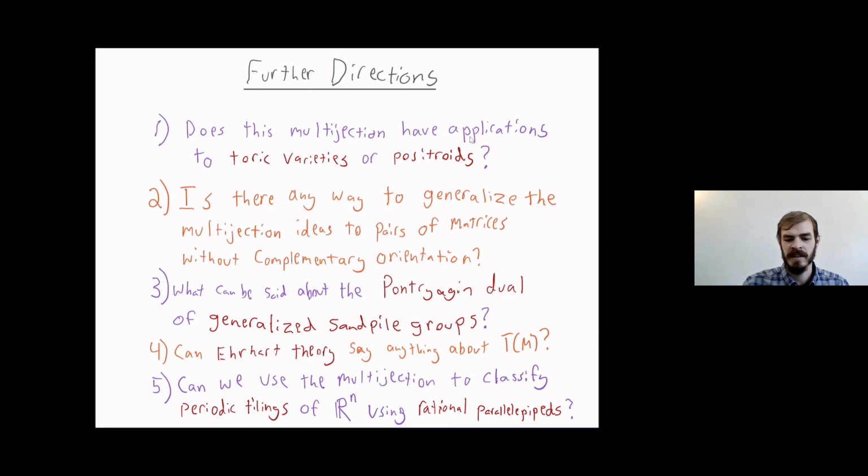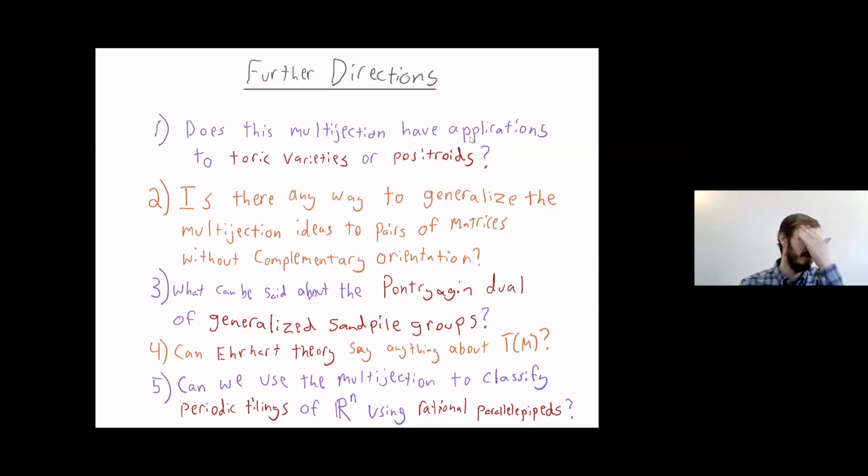And then getting back to this Pontryagin dual. I mentioned how the sandpile groups were normally working with the co-kernel of a transpose of a matrix, but we could work with a Pontryagin dual of that, and what do we end up getting? That's an interesting question to ask. Another question you can ask is about the Ehrhart theory results for the tile.